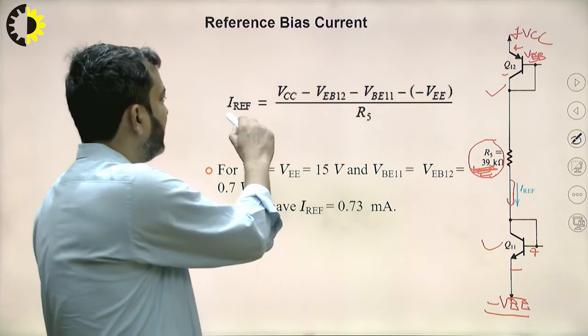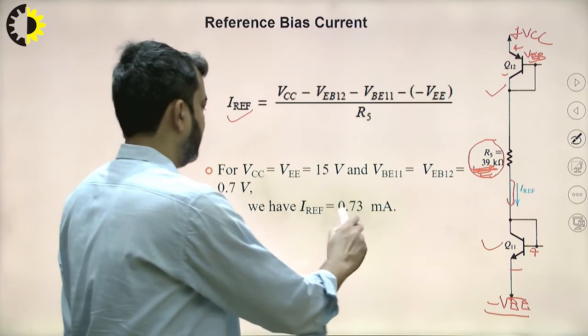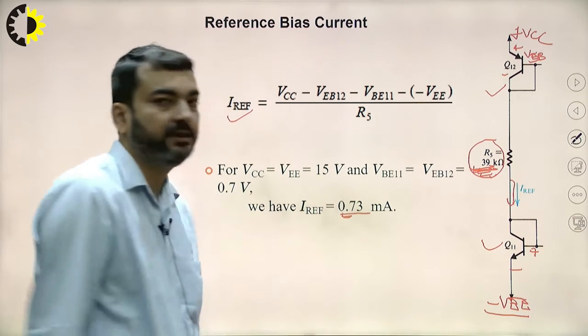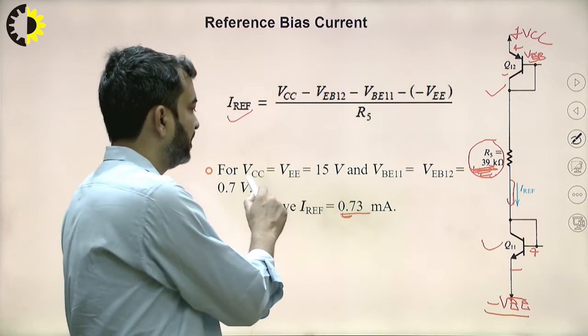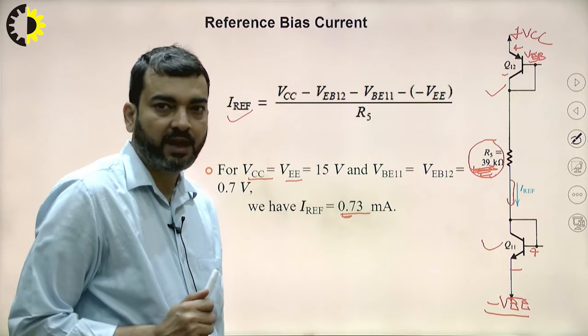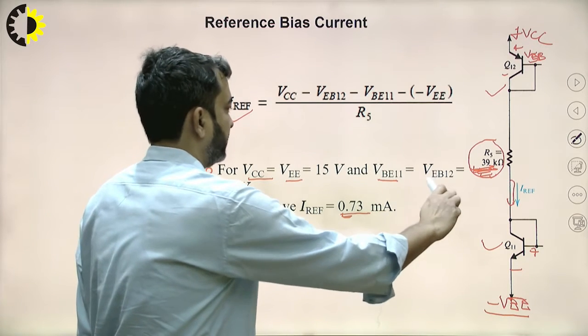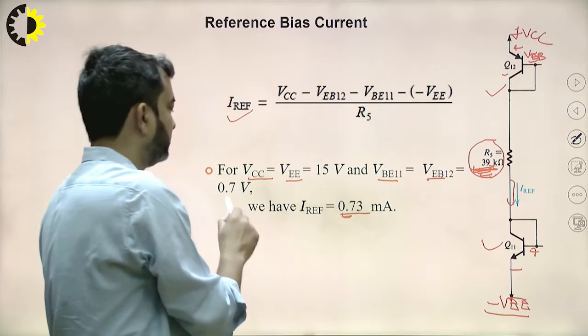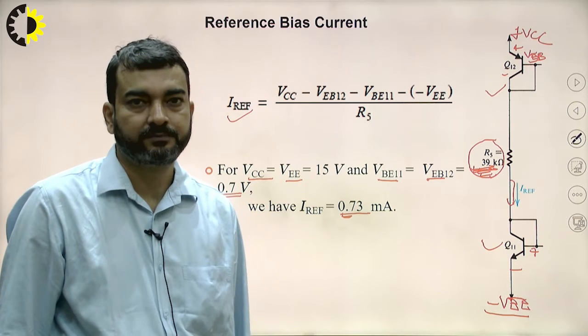So IREF comes as approximately 0.73 milliamperes. We have taken these parameters: VCC and VEE are taken as 15 volts, and the base emitter voltage of these transistors is taken as 0.7 volts.